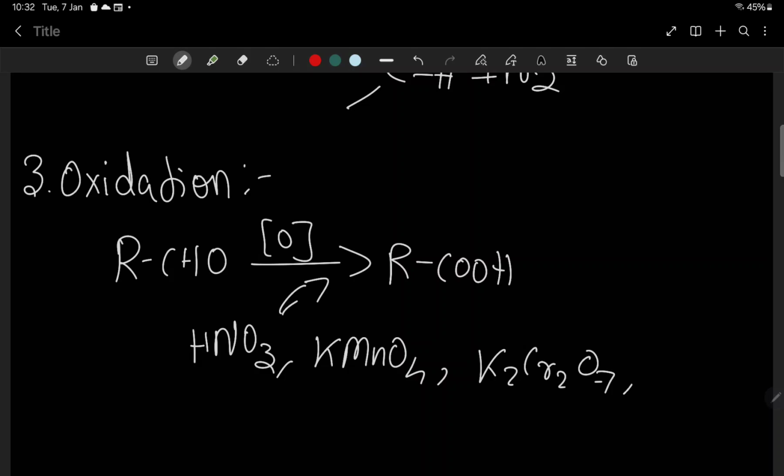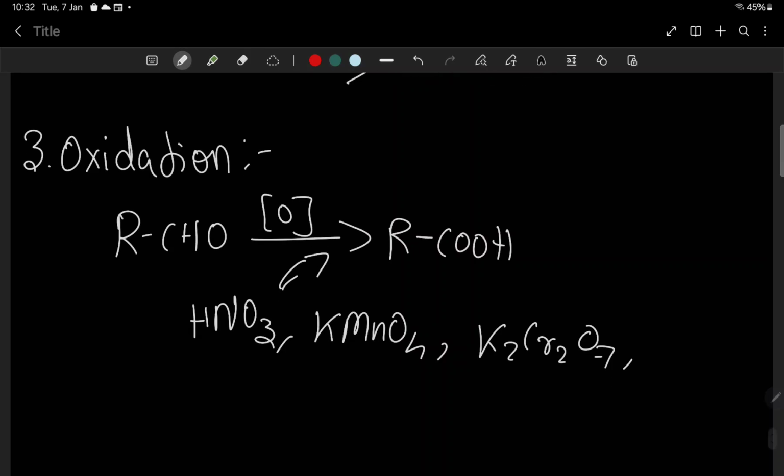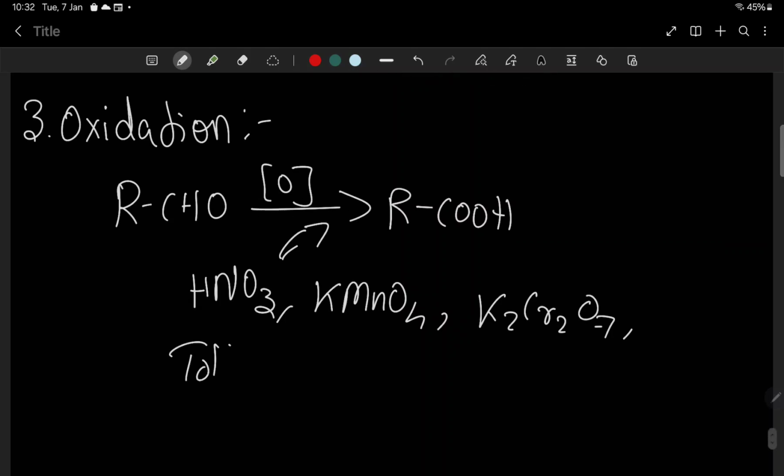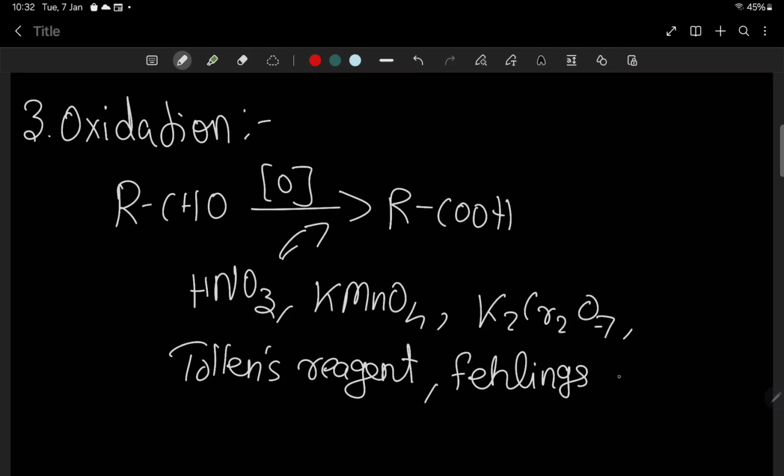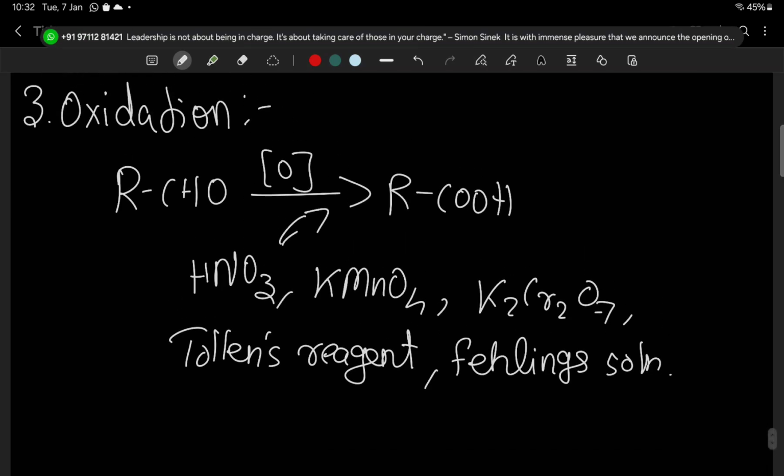Even mild oxidizing agents like Tollens reagent, Fehling solution, etc., can be used to convert aldehyde to acid, not ketone. But ketones are generally oxidized under vigorous conditions only.